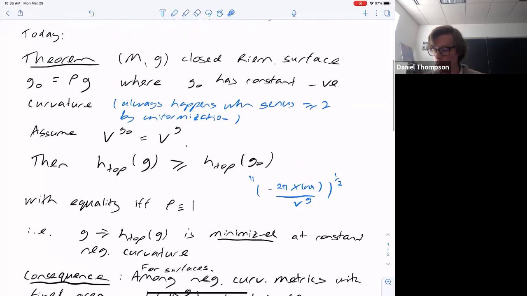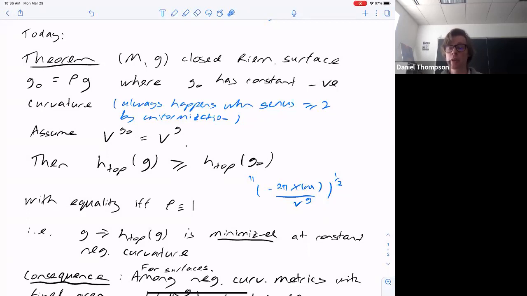Let me give you a slogan for why this is true. I think I can sell this a bit more than the Liouville entropy phenomenon. The only slogan I have for that is that the Liouville measure is dumb.